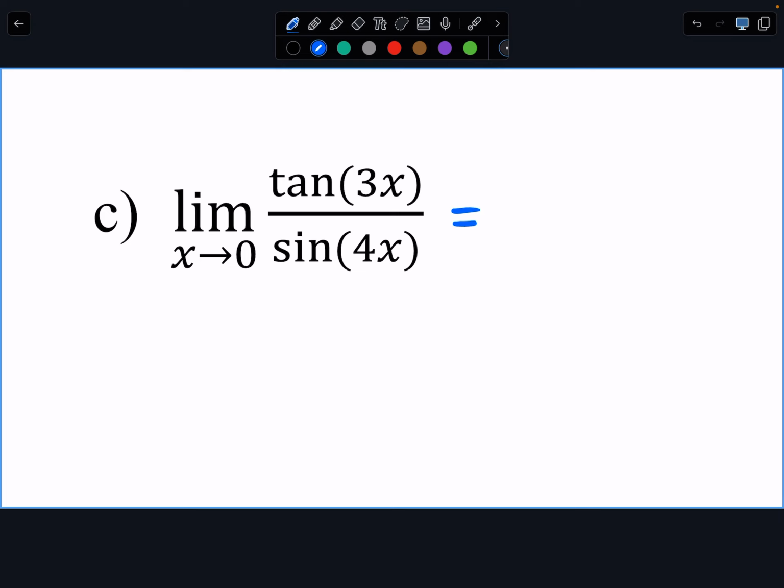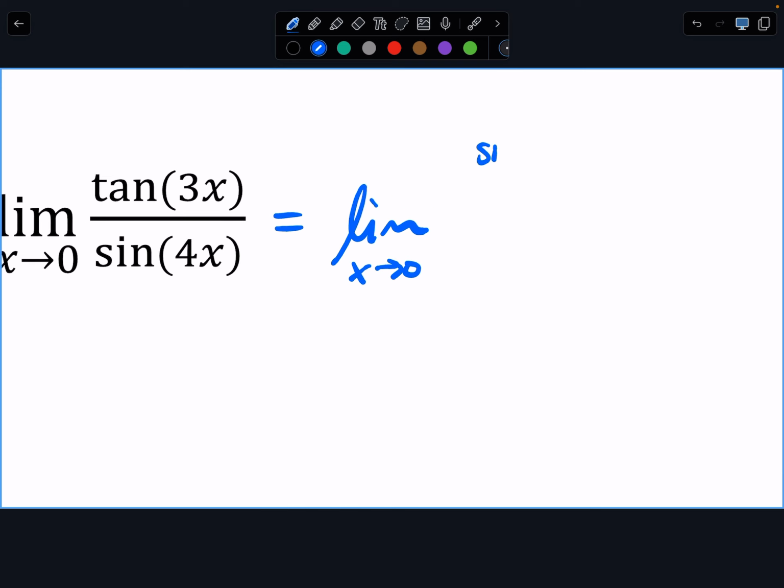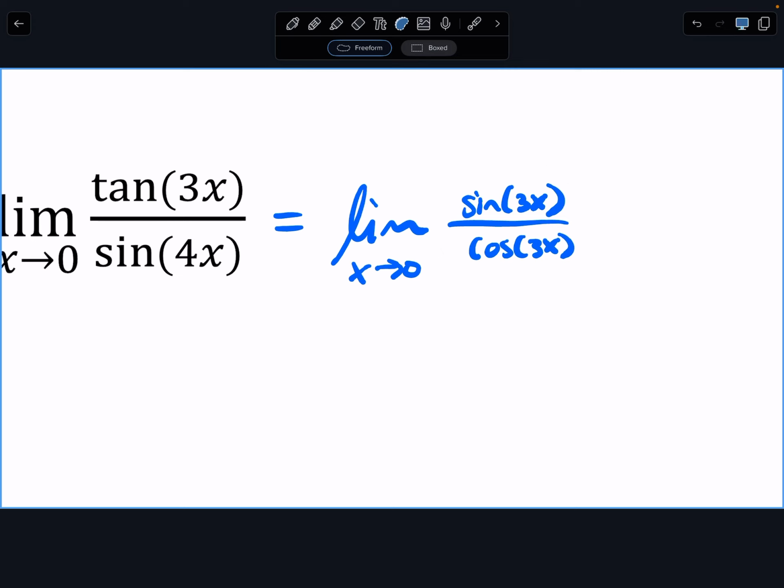So I would have seen the limit as x approaches 0 of sine of 3x, rewritten tan, right? And I actually would have thought about from there pulling out the 1 over sine of 4x. And then I'm like, okay, cosine of 3x is not an issue.